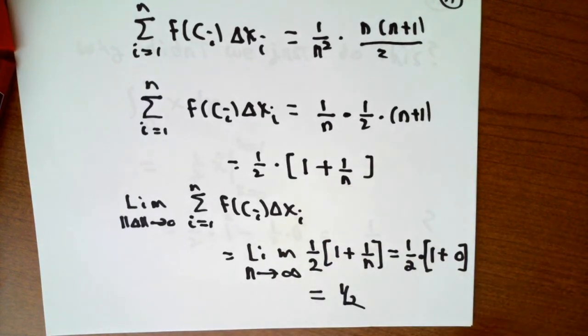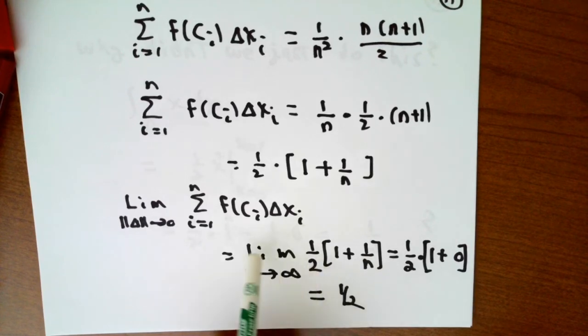I'm now in a position to take the limit of these Riemann sums as n tends to infinity, which causes delta x to tend to 0. I have to take the limit as n tends to infinity of 1/2 times 1 plus 1 over n. You can take a constant factor out of in front of the limit.